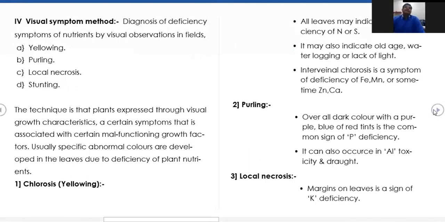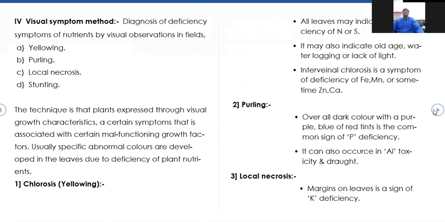Then the third method is known as the visual symptoms method. It is diagnosis of nutrient deficiency symptoms by visual observation in the field.